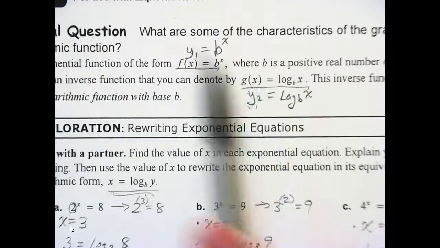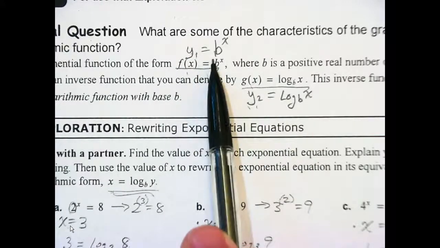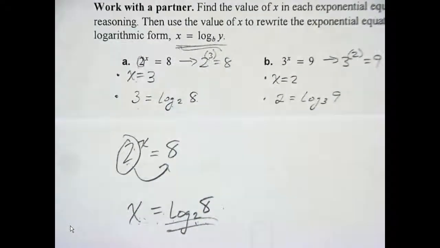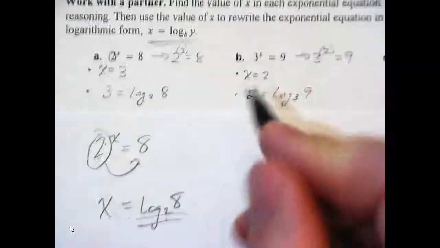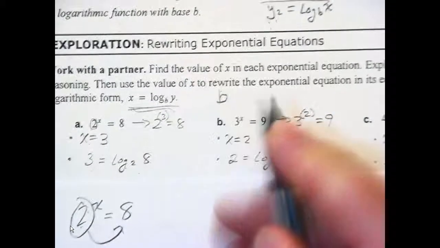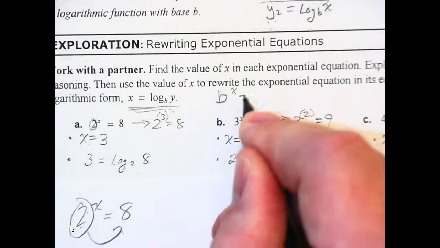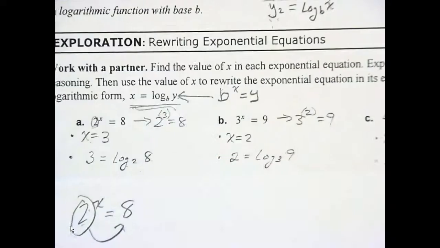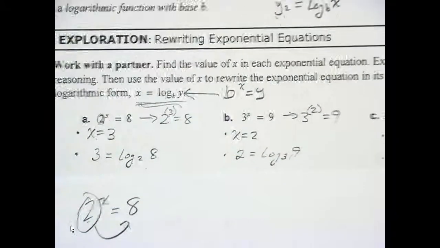So the way they wrote it up here is a bit confusing. So that's why I tried to write it like that, and I would think of it more in that format. Okay? So if you're thinking of it as b to the power of x equals y, that would become that. Okay? That's a very good question.